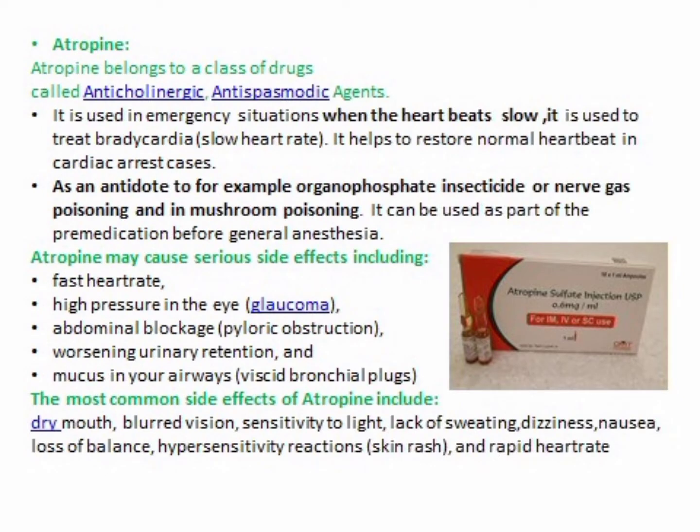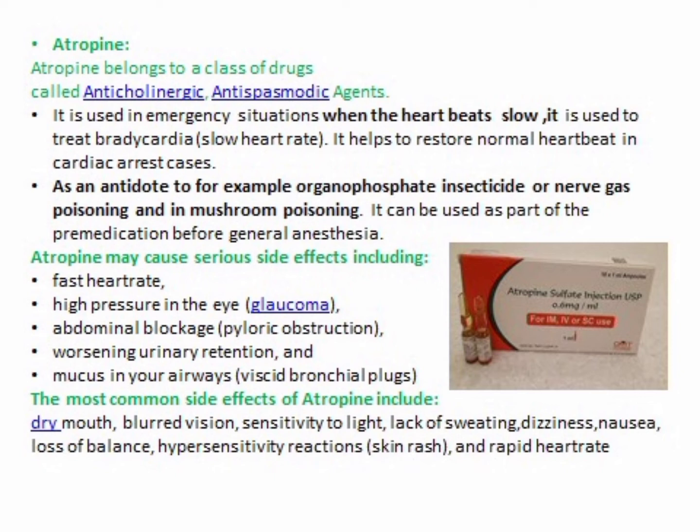Injection atropine. Atropine belongs to a class of drug called anticholinergic or antispasmodic agent. It is used in an emergency situation when the heart beats slow. It is used to treat bradycardia, slow heart rate.